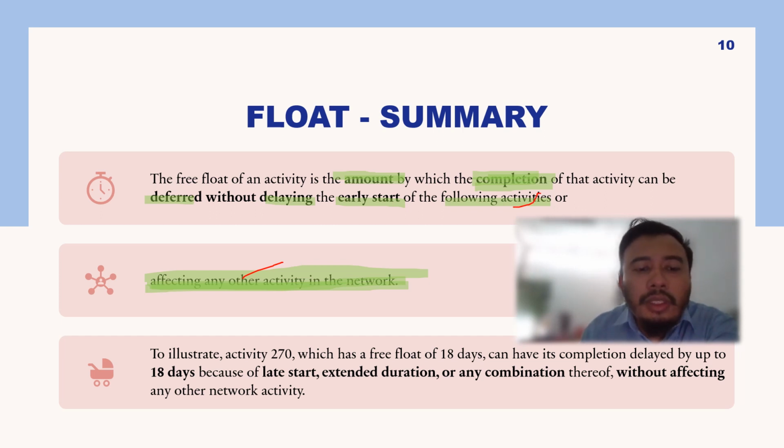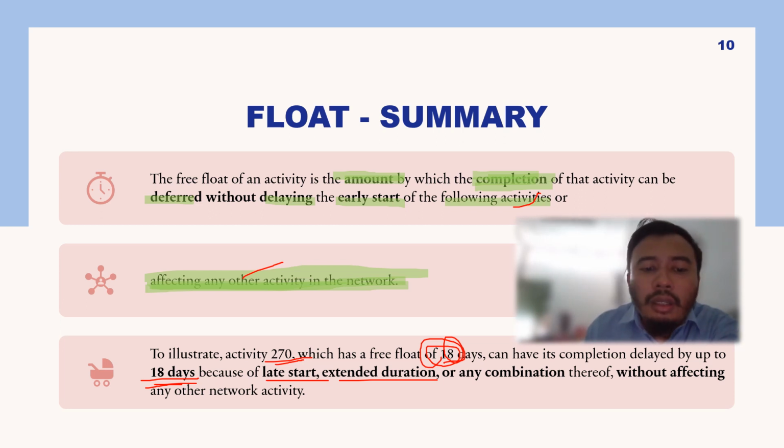To illustrate, activity 270, which has a free float of 18 days, can have its completion delayed by up to 18 days. You can delay by up to 18 days because of late start, extended duration, or any combination thereof, without affecting any other activity.